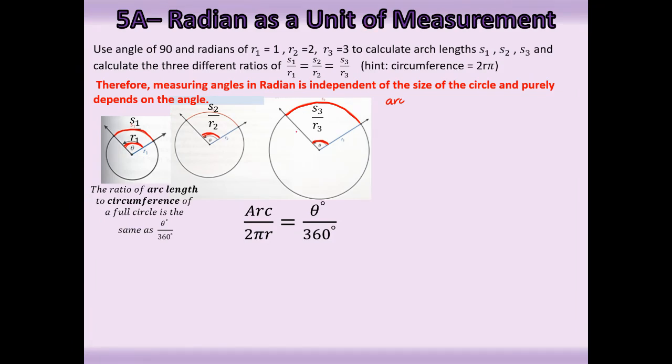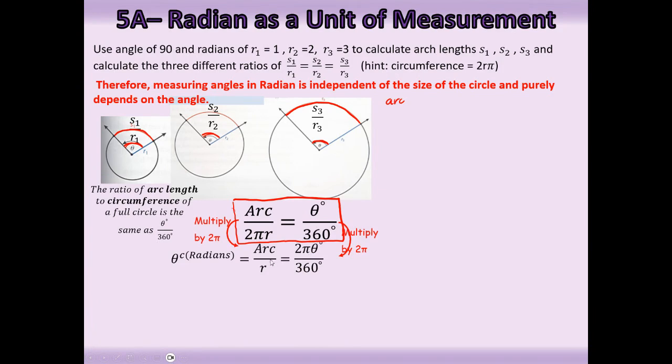Starting with this ratio, if we take this fraction and multiply both sides by 2 pi, we end up with the arc length over the radius, which is the definition of the radian. So the 2 pi disappears from the denominator on the left and appears in the numerator on the right.